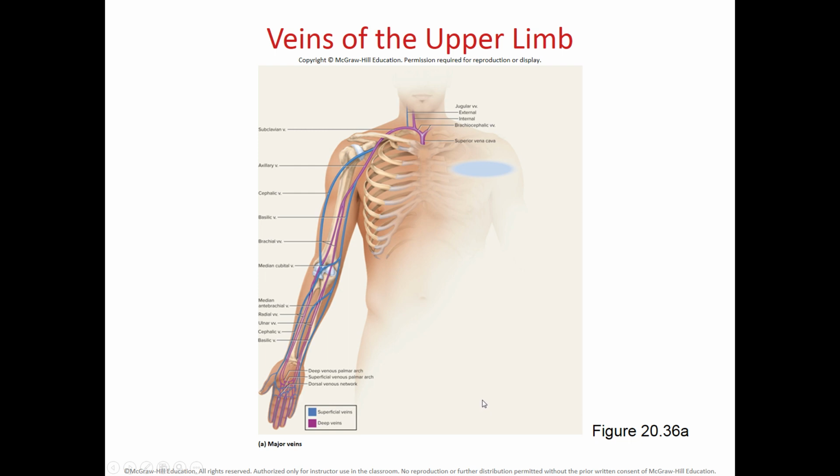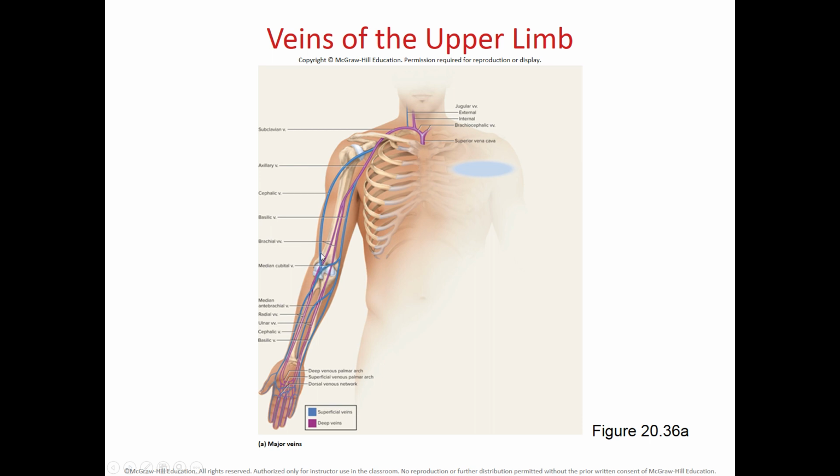So veins of the upper limb, we have superficial and deep. The ones in blue are the superficial, the ones in deep are in purple. So here we have the ulnar and the radial veins. They drain into the median cubital vein. This median cubital vein is the one that is used to withdraw blood samples.